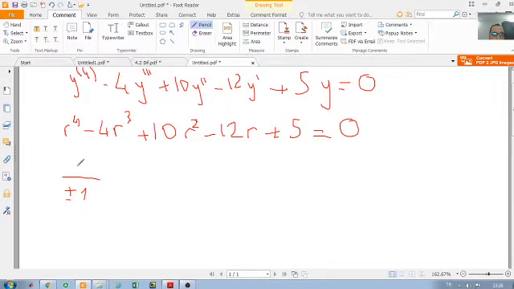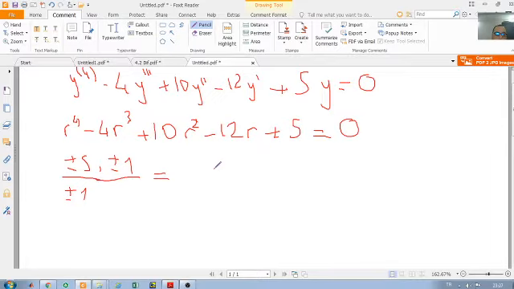They are factors of the coefficient of the term which has the highest power of the characteristic polynomial, and the constant is 5, and its factors are plus or minus 5 and plus minus 1. Okay, they are the integer factors of the number 5.